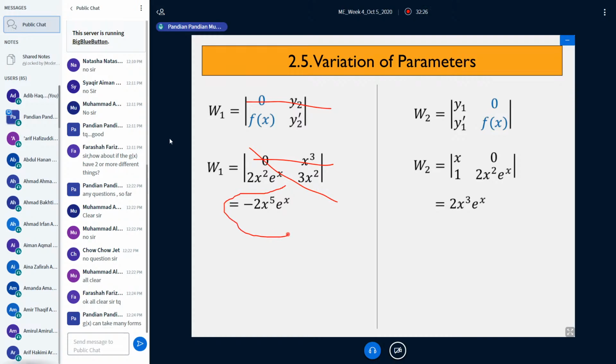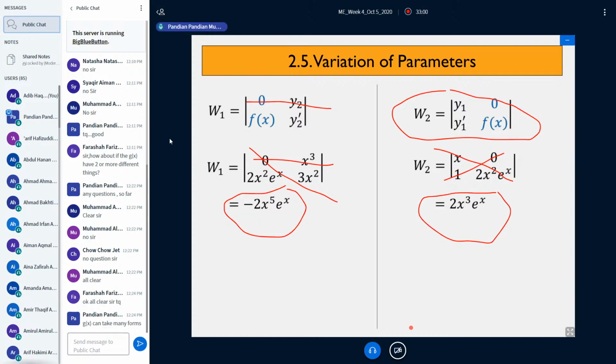So this is your W1. For W2, first row y1, 0; second row y1 dash, f(x). So y1 is x, 0 is there, y1 dash differentiate x, 1, and f(x) is 2x squared e^x. So determinant: x times 2x squared e^x, 2x cubed e^x, minus 1 times 0, 0. So this is your W2.